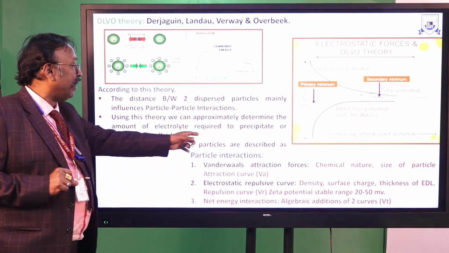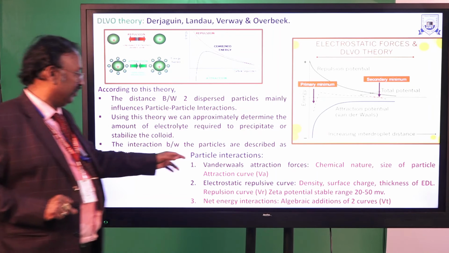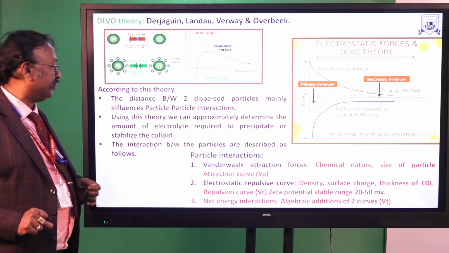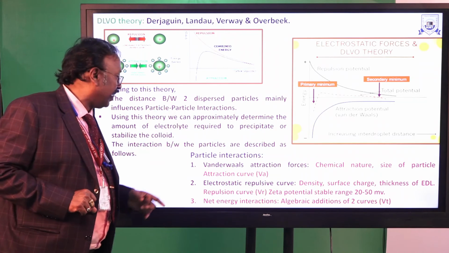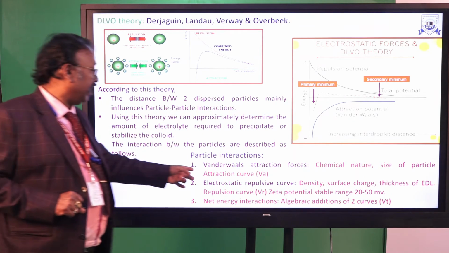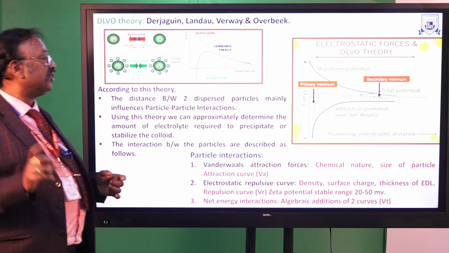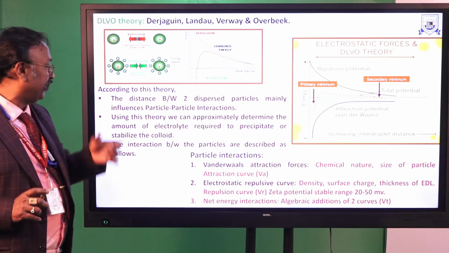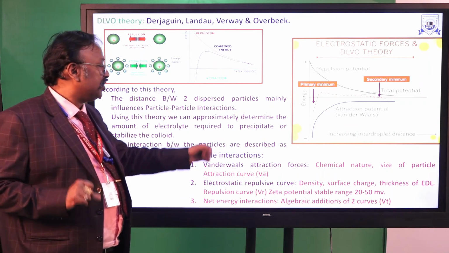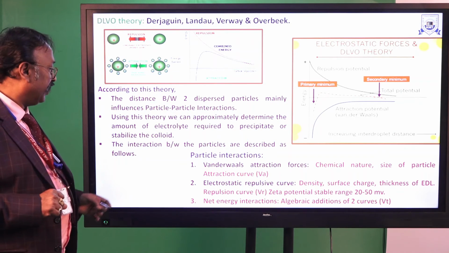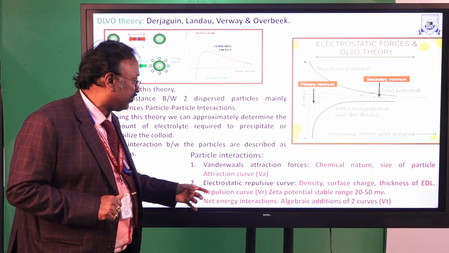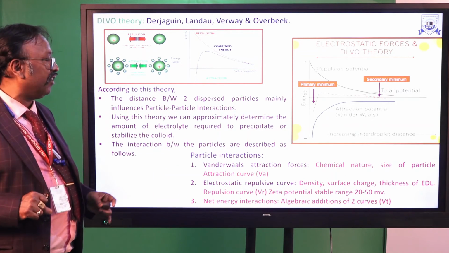The interaction between particles is described as follows. Particle interaction means van der Waals attractive forces, depending on the chemical nature and size of the particles, the attraction curve, and electrostatic repulsive force, depending on the density of surface charge, thickness of the electrical double layer, the repulsive curve, and zeta potential, where the stable range is 20 to 50 mV. Net energy of interaction is the algebraic addition of the two curves.